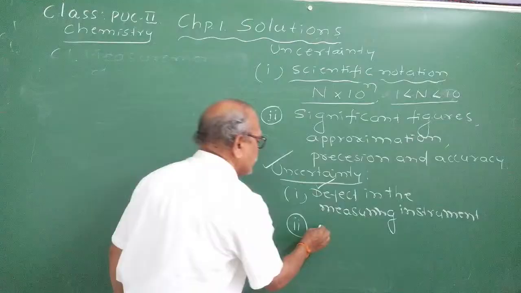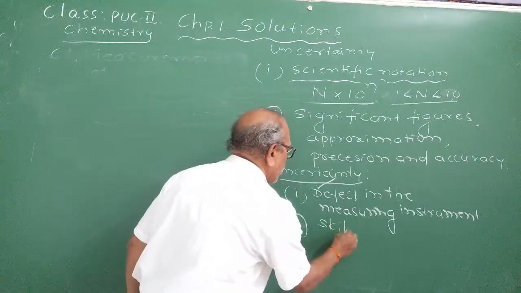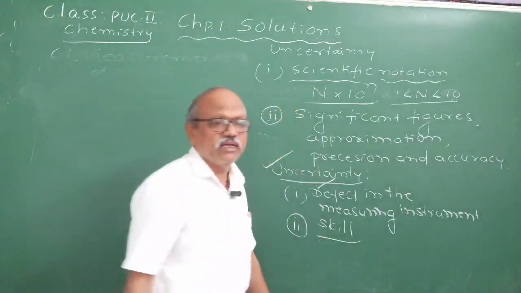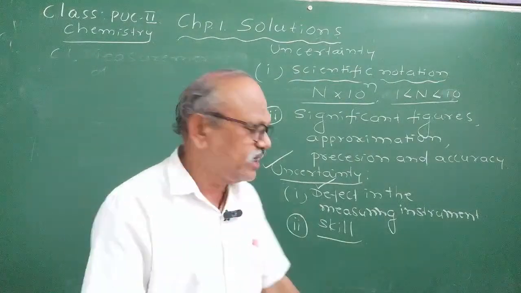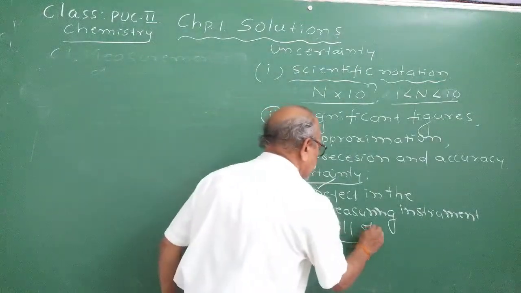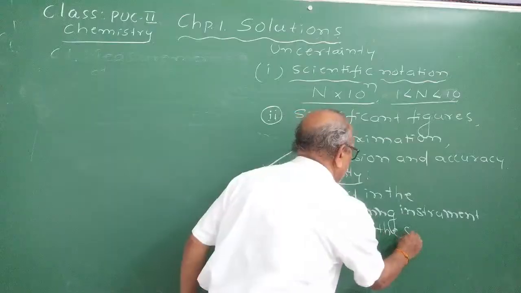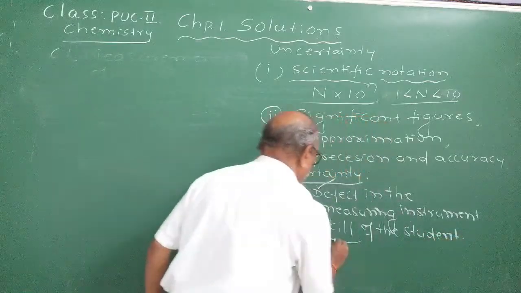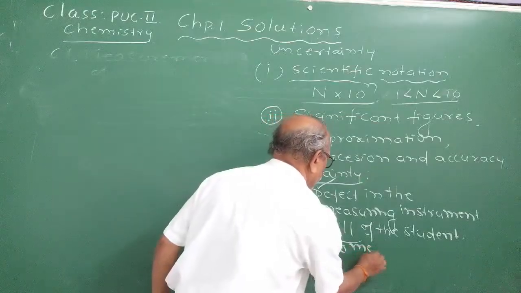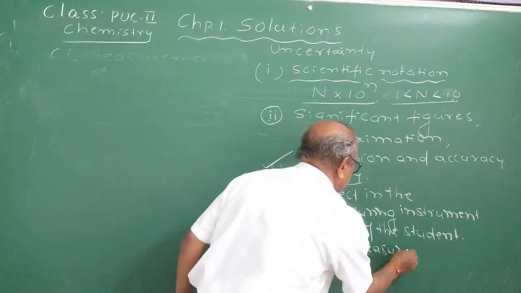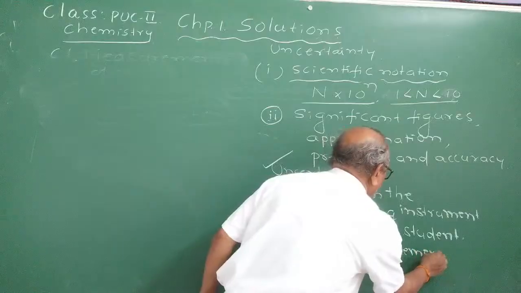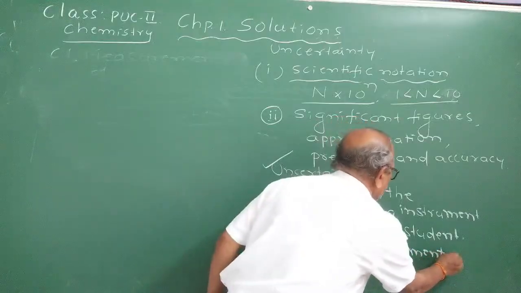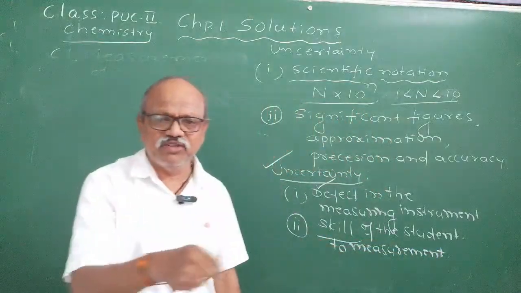Second reason is the skill of the person. Generally, to handle an equipment, the skill of the student to measure the physical quantity matters. You may make mistakes while measuring length by using a scale. Your measurement may not be correct.